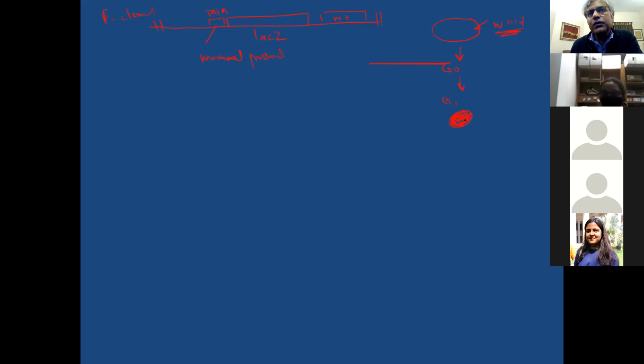What we are going to do now is generate, let's say, 5,000 such transgenic flies. What is the idea?